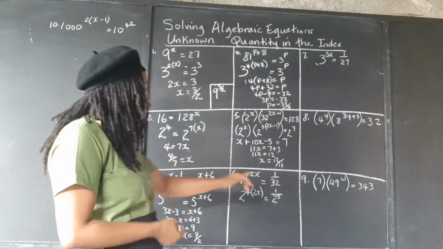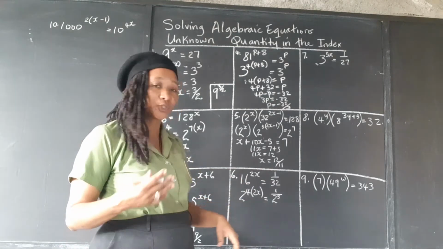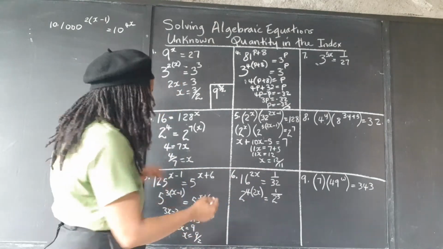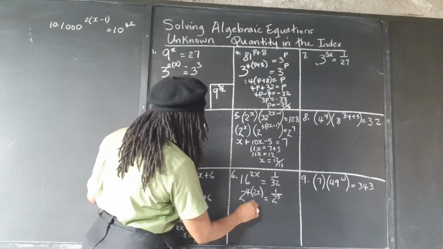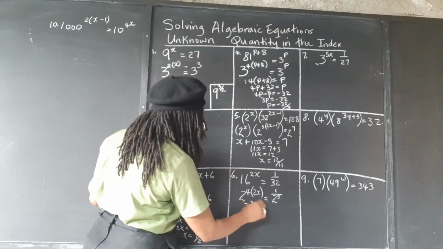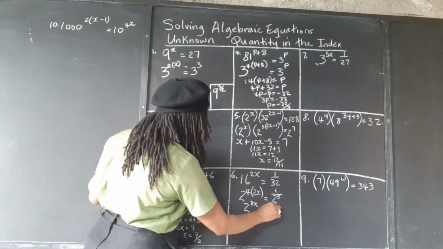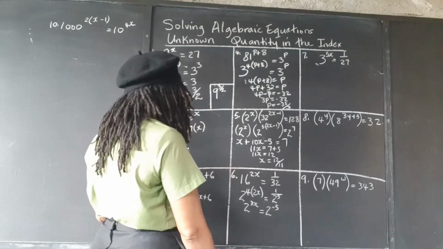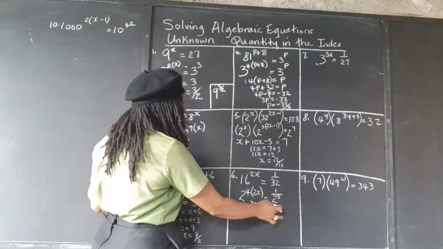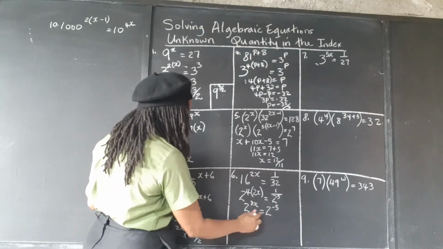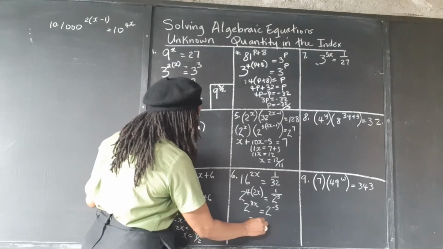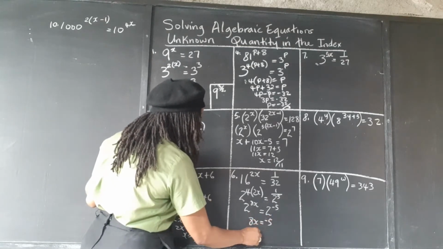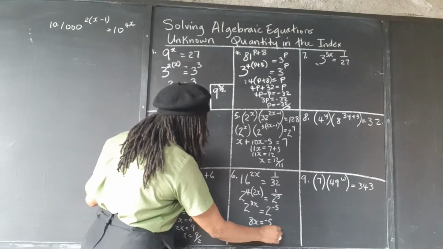Right? So 1 over 2 to the 5th is 2 to the negative 5th. Alright, so we have 2 to the 8x, expanding this bracket, is equal to 2 to the negative 5. So now equating the powers, ignoring the bases, 8x is equal to negative 5. So x is negative 5 over 8.